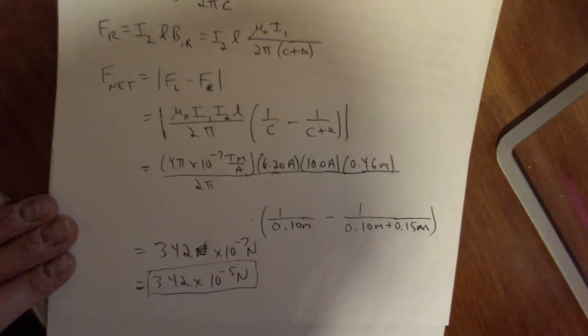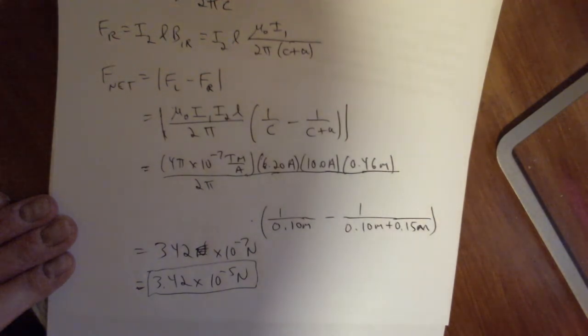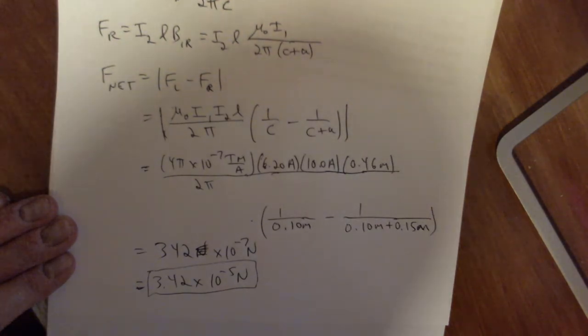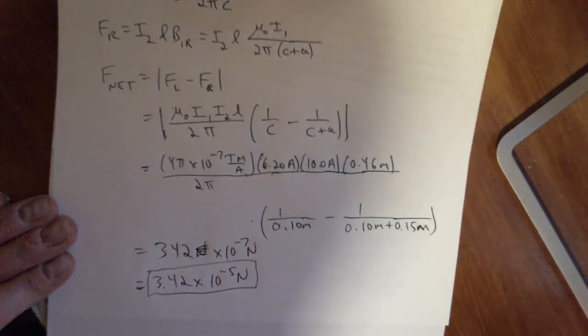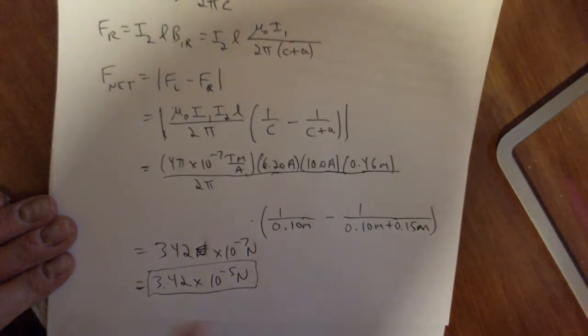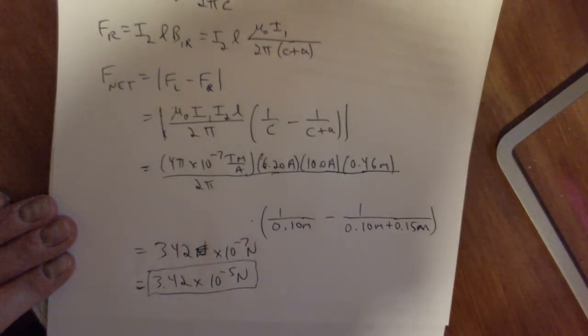So yes, mistakes happen. If lives depend on it, please be aware that mistakes happen, and maybe do calculations more than once. In any case, that simplifies to 3.42 times 10 to the negative 5 newtons.